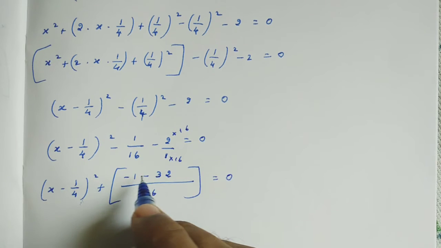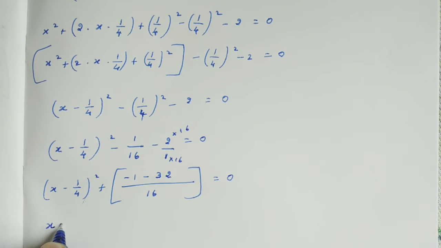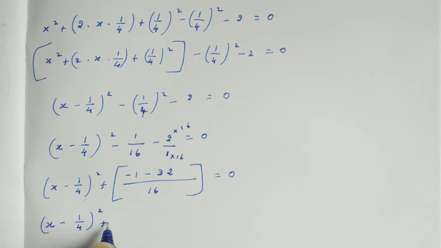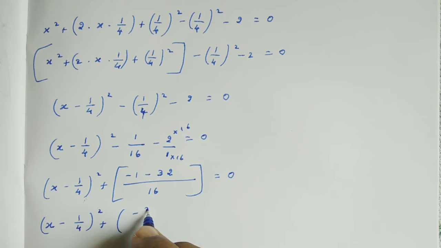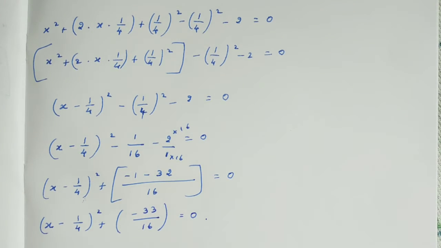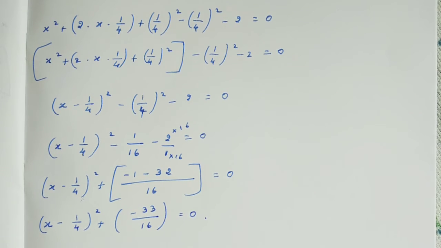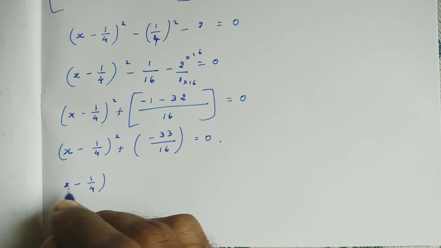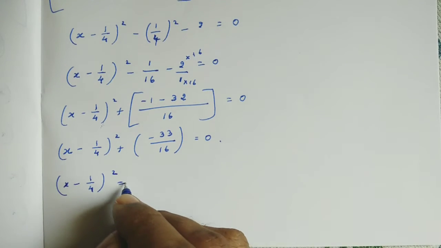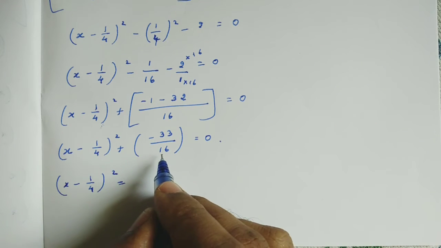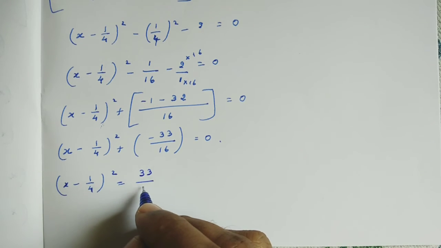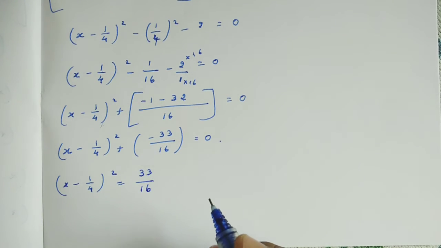Now it is the same sign, so we add: x plus 1 by 4 the whole square minus 33 by 16 equal to 0. Transposing to the right side, it becomes a plus: x plus 1 by 4 the whole square equal to 33 by 16.